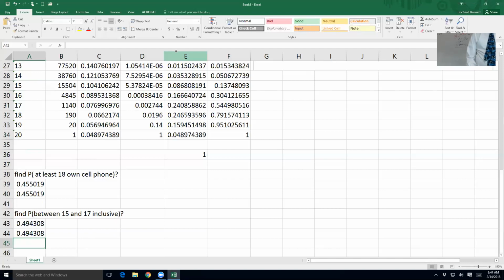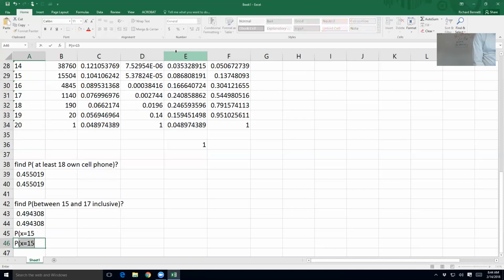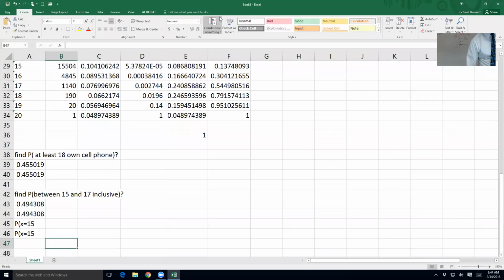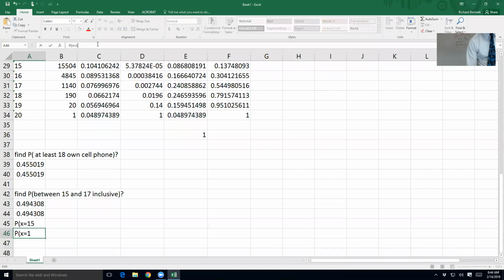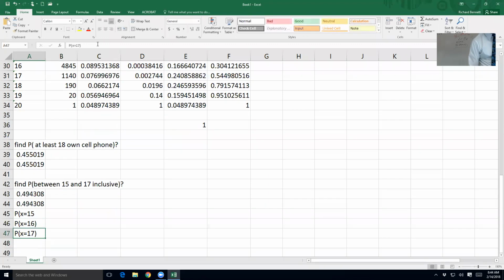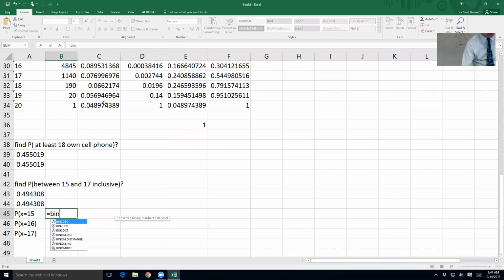Now, if I wanted to do this with the false, I could do this. Basically, I'm going to do the probability that x equals 15, probability that x equals 16, and probability that x equals 17, equals binom dist, number of successes, 15, 20, 0.86, and this time I'm going to say false.